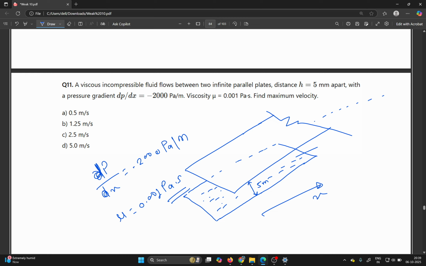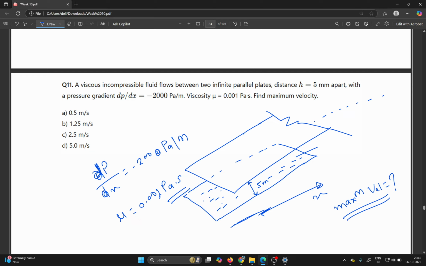This means the pressure drops as you move in the x direction. So find the maximum velocity; you need to calculate the maximum velocity.